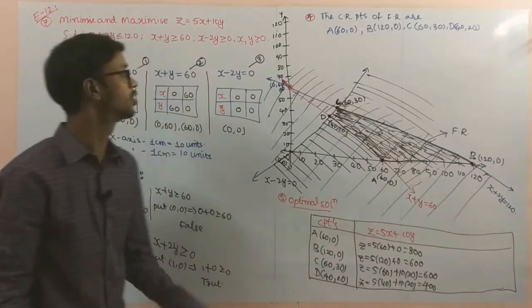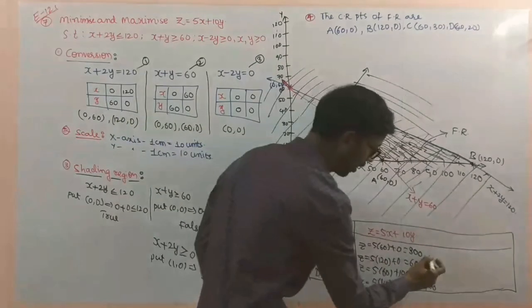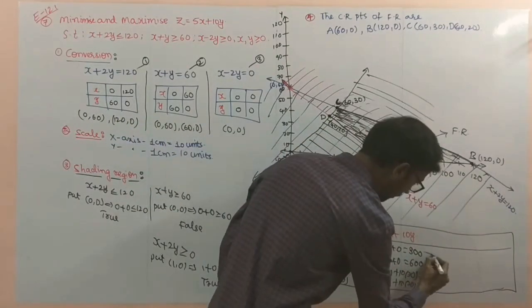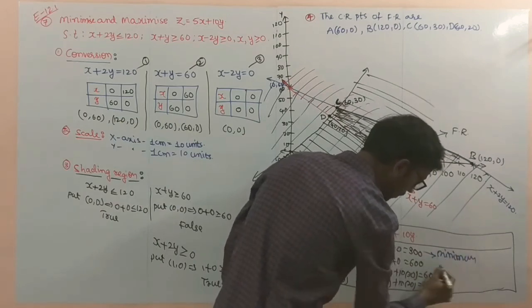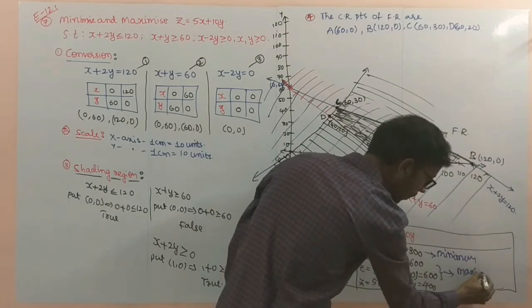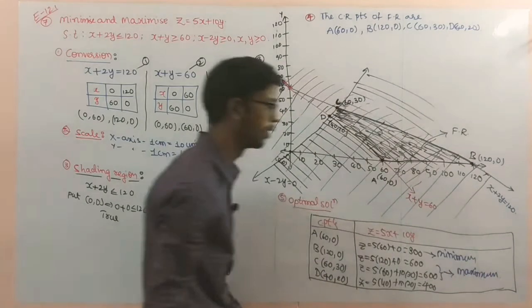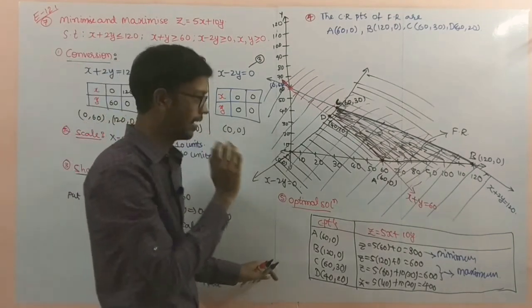The question is asking to minimize and maximize. So the minimum here is this value, and these two values are maximum. So final conclusion I am writing here.